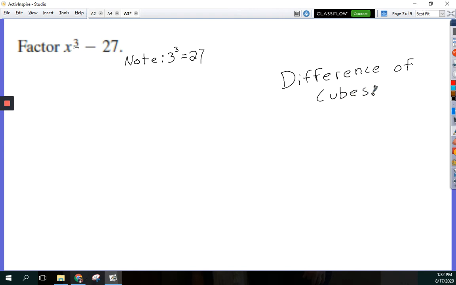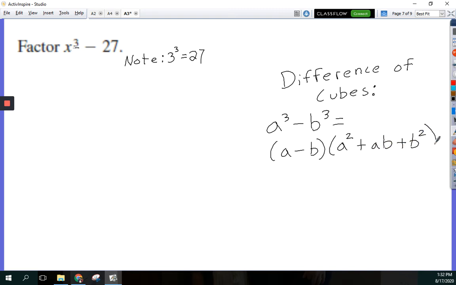So if we have a binomial that can be rewritten as a cubed minus b cubed, that can factor to a minus b times a squared plus ab plus b squared.